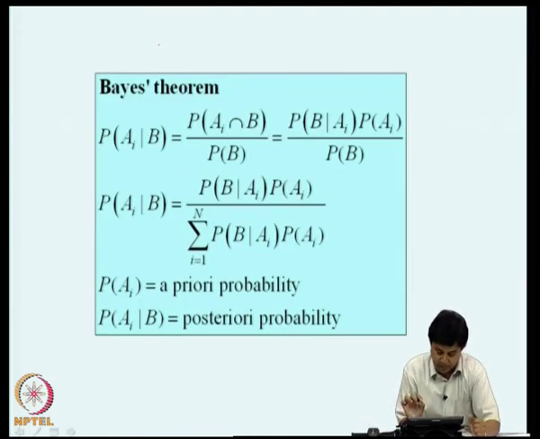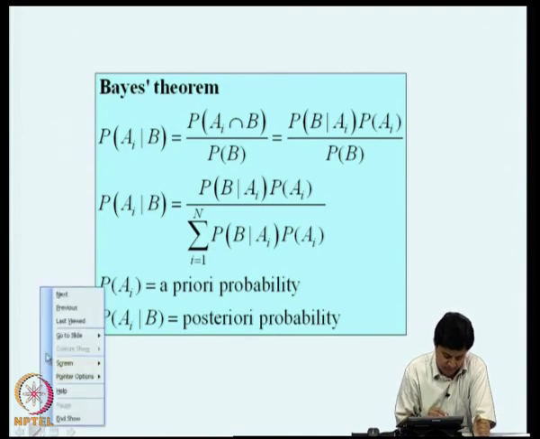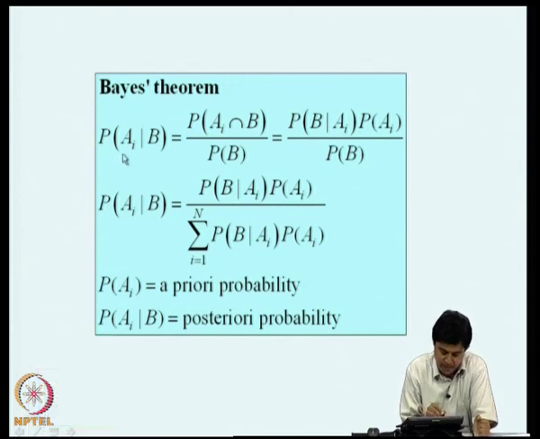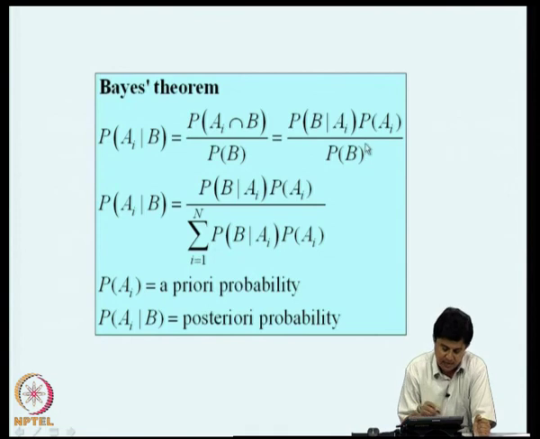There is another theorem which we will be needing, known as Bayes' theorem. This can be shown to be true by using the total probability theorem. The statement of this theorem is as follows: the probability of Ai conditioned on B is given by the probability of B conditioned on Ai times the probability of Ai divided by the probability of B. How do we show this?